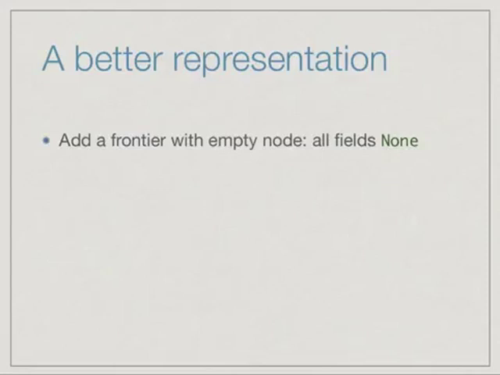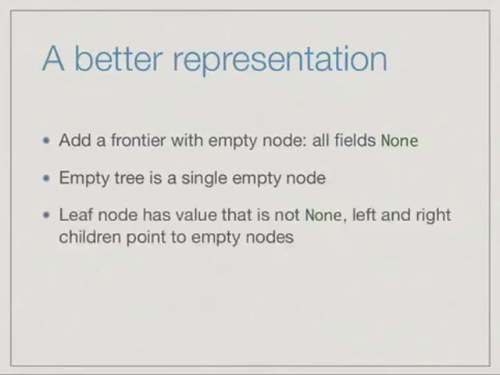Now it will turn out that we will want to expand this representation in order to exploit it better for recursive presentations. So what we will do is that we will not just terminate the tree with a value and two none pointers. We will actually add a layer of empty nodes with all fields none. With this, the empty tree will be a single empty node.